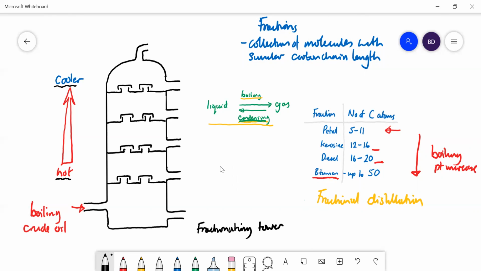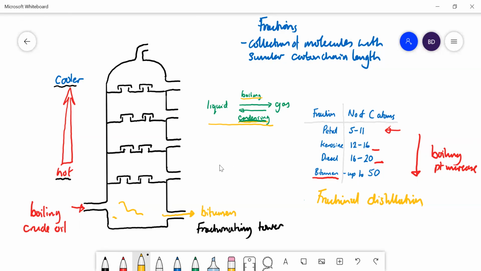If you've got a little molecule there, I'll draw this molecule. Imagine it's quite a long molecule. That will condense here, even though the temperature is very high, and so that is going to turn into a liquid, and it's going to come out there. And that will actually be bitumen, because it's very long molecules, very high condensation point or boiling point.